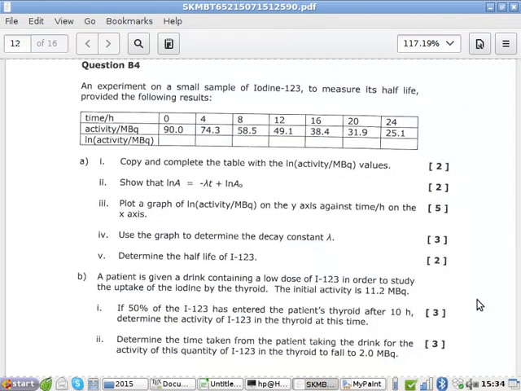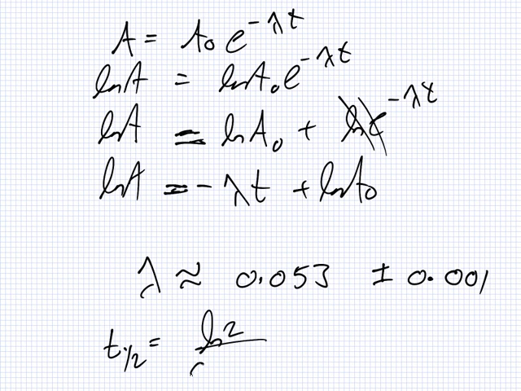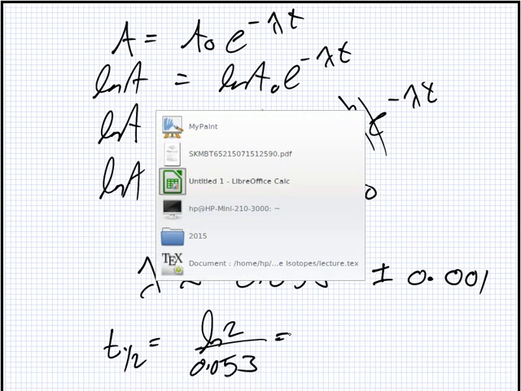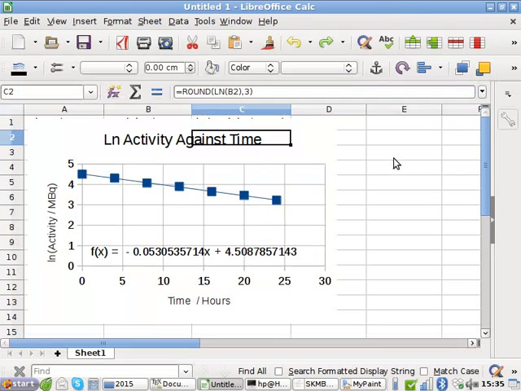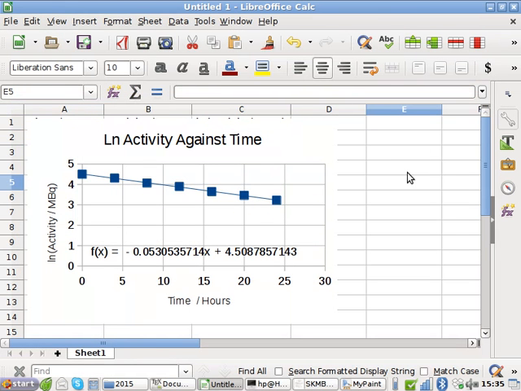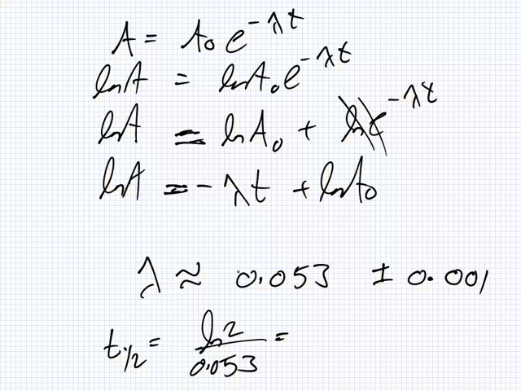Okay. And finally, what is the half-life? The half-life is just log 2 over this number, which will be log 2 over 0.053, which is 13.08 hours.